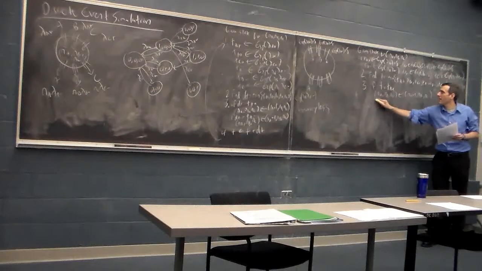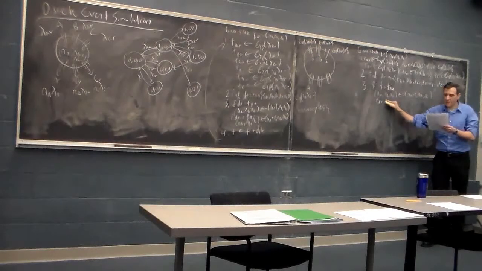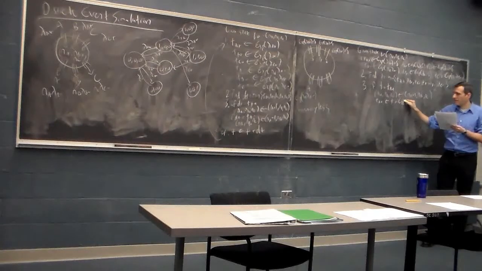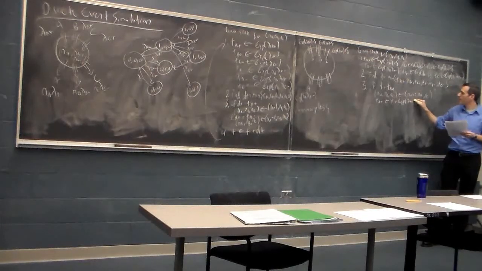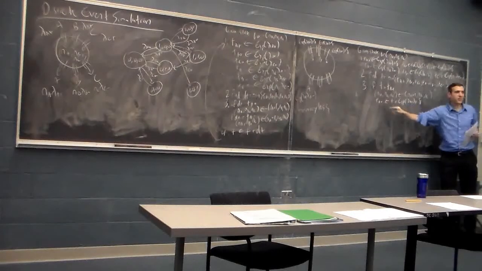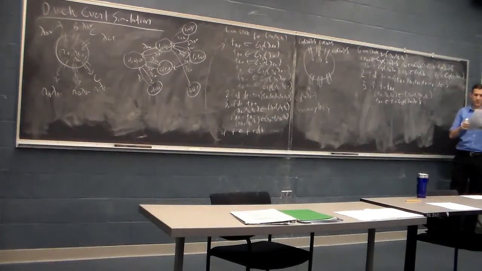So I'm going to say that TA plus gets resampled. That is now T plus exponential lambda A plus delta. So we've now picked the time when the next ion is coming through there.